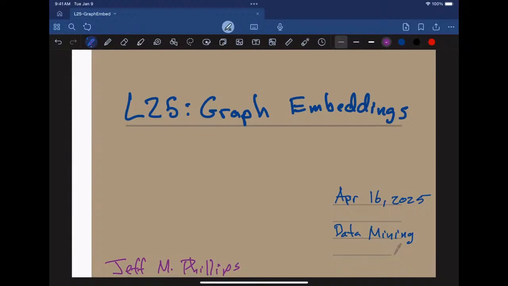Today we'll be talking about graph embeddings, and this is about how to represent graphs in a kind of Euclidean space, so you can do analysis on them. This has become very popular.